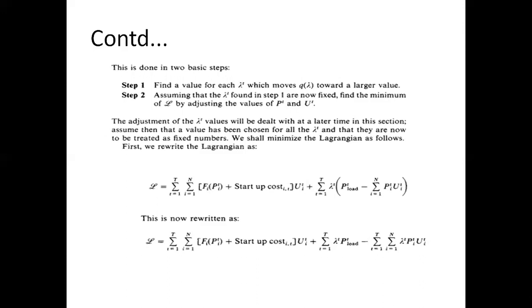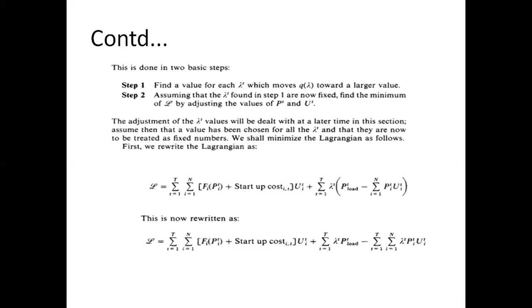These two steps are repeated. We will deal with the adjustment of the lambda t values at a later time in this section. Now assume that values have been chosen for all the lambda t and they are to be treated as fixed numbers. We shall minimize the Lagrangian as follows.